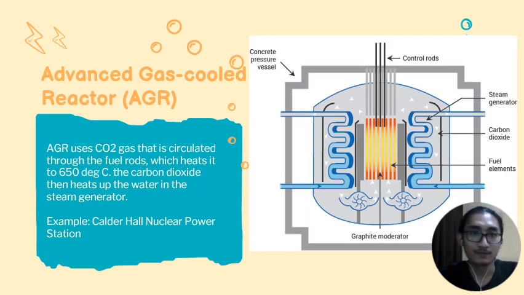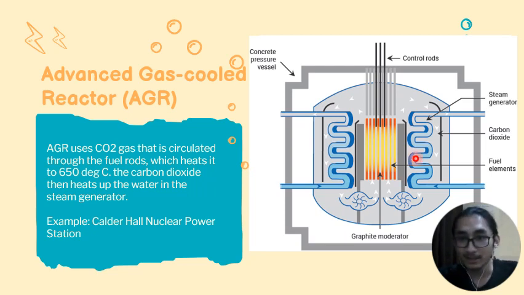Next, we have the Advanced Gas-Cooled Reactor, or AGR. Unlike the first three, AGR uses carbon dioxide gas to boil the water.